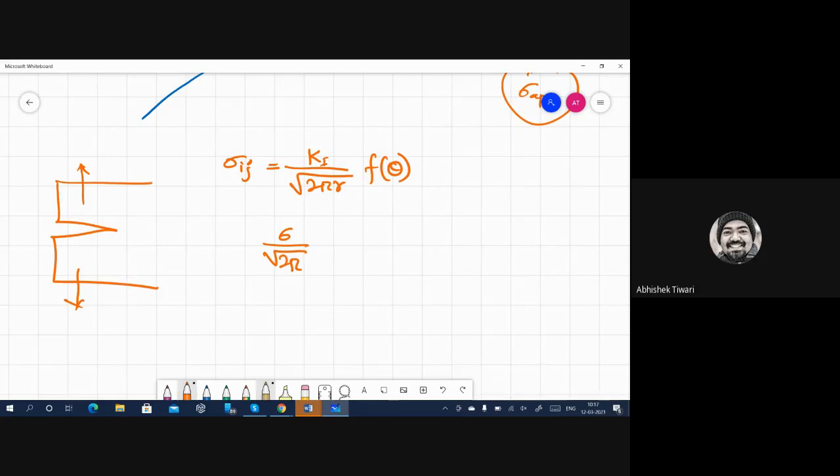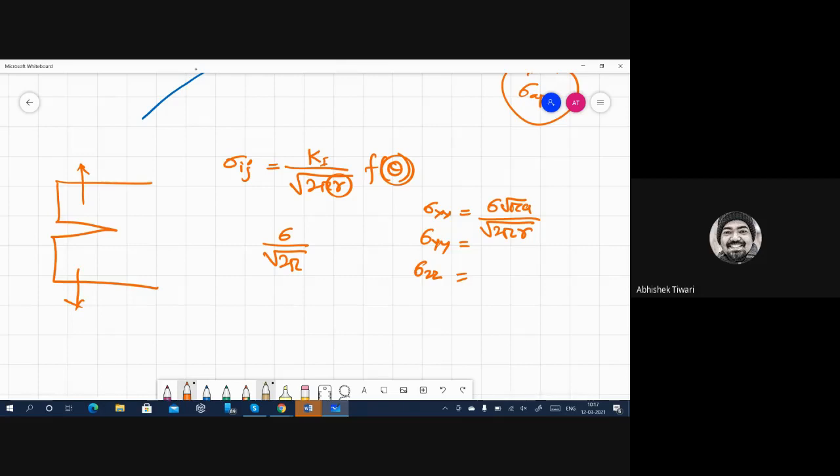So this is how the stress is defined. And when you calculate stresses using the theory of elasticity, you have these variables, theta and r. So you get a common term. If you're calculating sigma xx, sigma yy, sigma zz, or other shear stresses, you get a common term in all of these. And that common term is sigma root pi a. If you change it to root pi a, then root over 2 pi r.